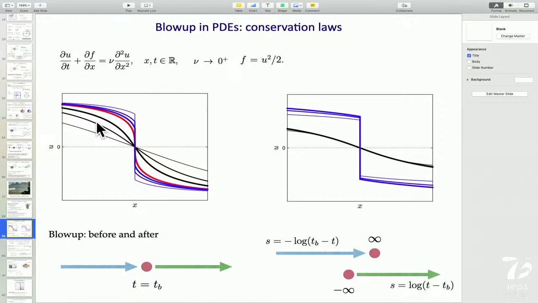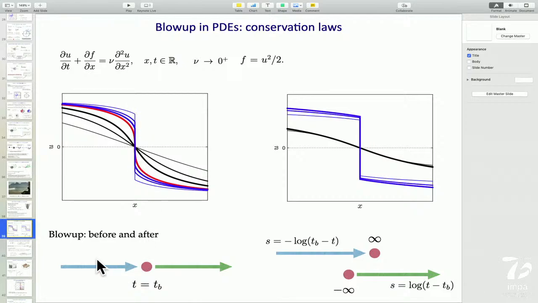So we know the typical solution: imagine this is the initial condition, just a zoom of some sine function, then it becomes steeper, steeper, steeper, and then the red point corresponds to the blow up. So it develops infinite derivative. And after that, it develops a shock, a discontinuity, which is this blue line.